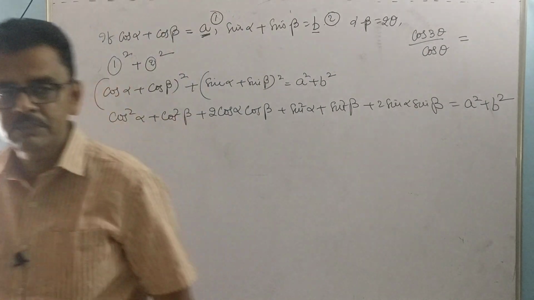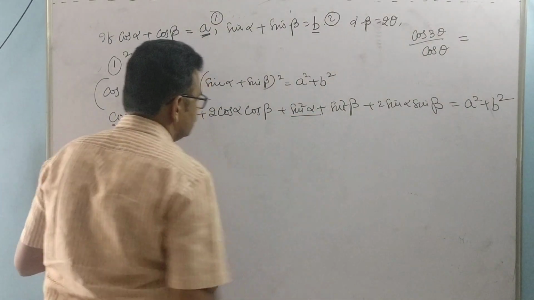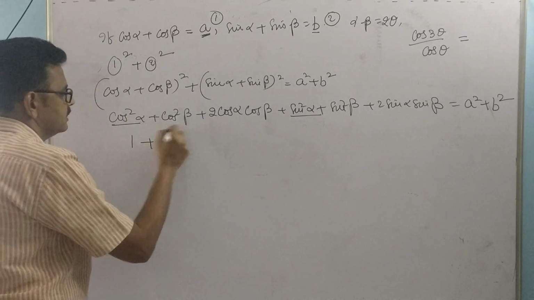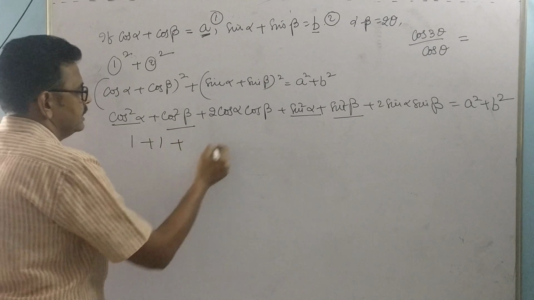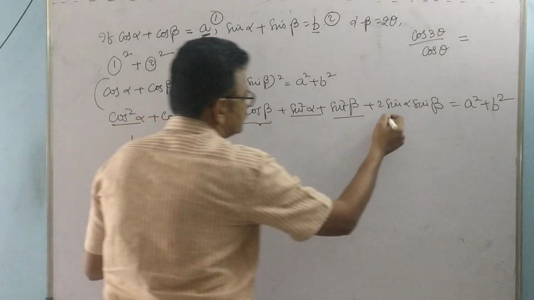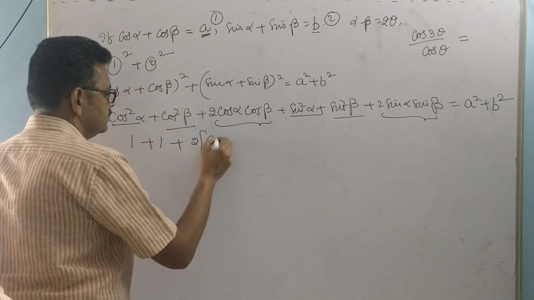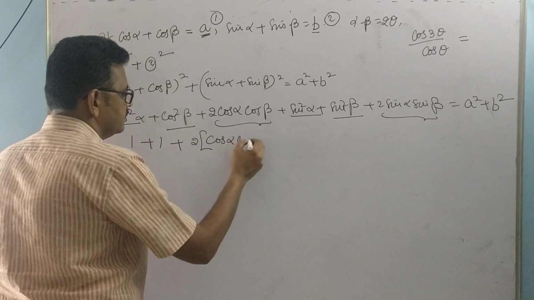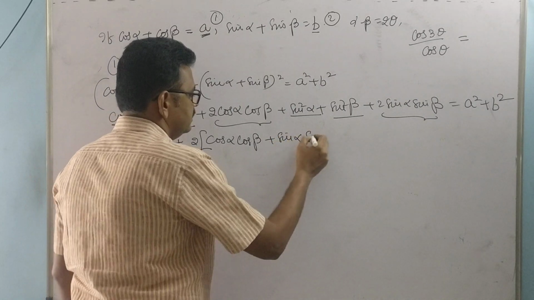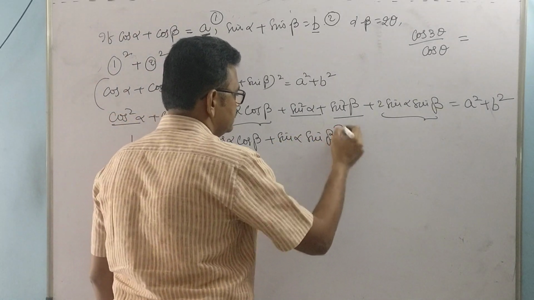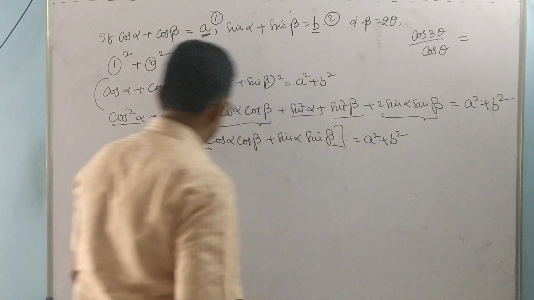Now, cos square alpha plus sin square alpha is 1, plus cos square beta plus sin square beta is 1. Here these two, you can take 2 common: cos alpha cos beta plus sin alpha sin beta is equal to a square plus b square.